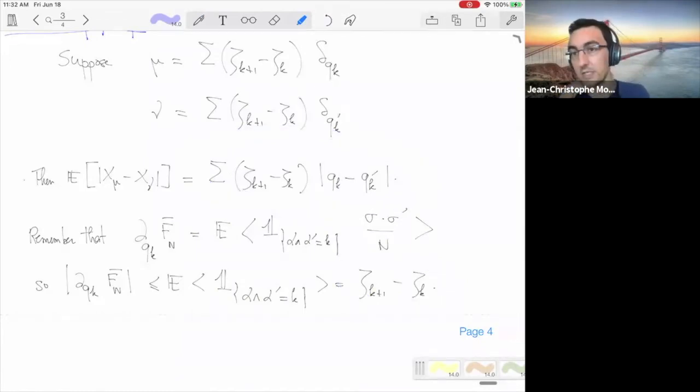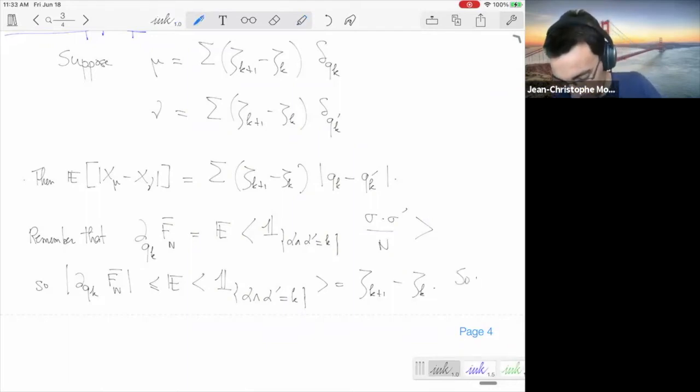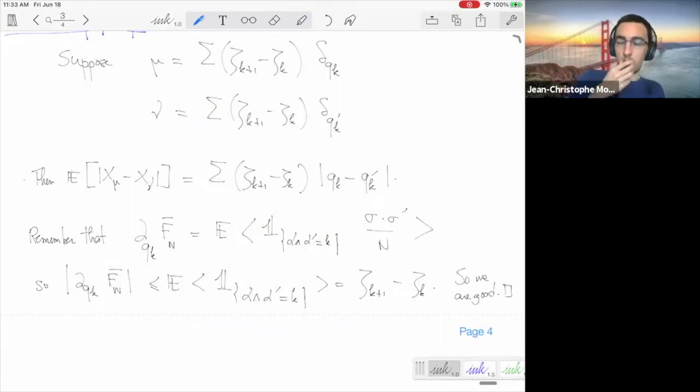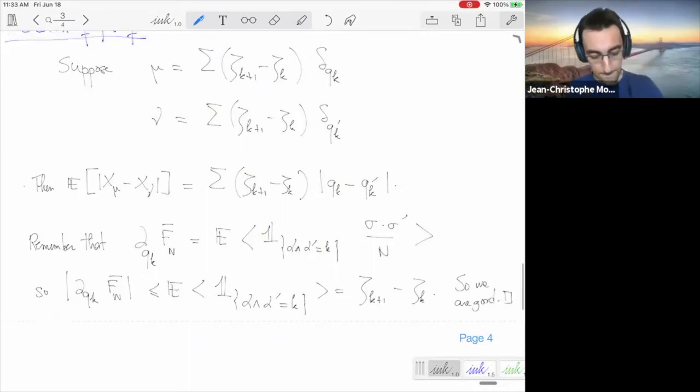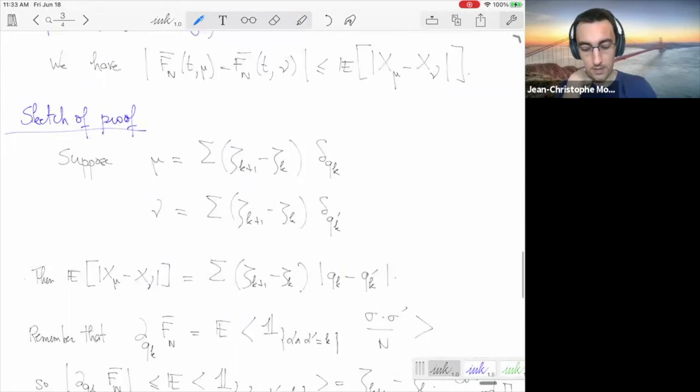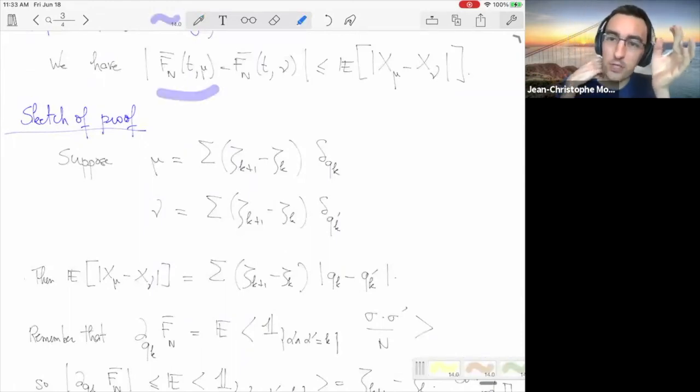Yeah, with the slide sheet that I have to explain that even if there are redundancies in the representations, what I have done is still fine. So we are good. So in fact, you see that, so far I was writing fn bar of mu, but I had only defined mu for measures which are sums of Diracs.